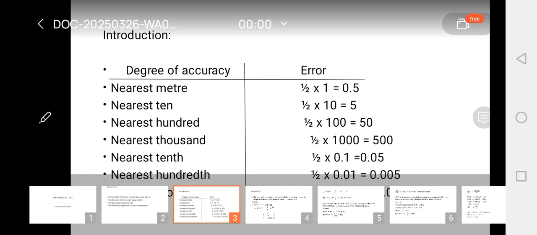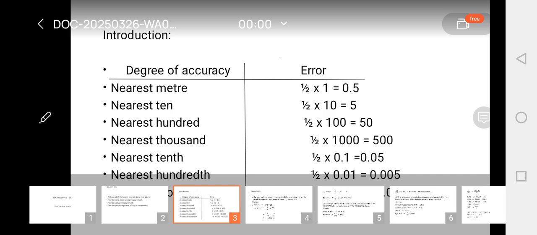When you measure anything to the nearest 10, there's possibility of 5. Nearest 100 has an error of 50. Nearest 1000 has an error of 500. And the nearest tenth has an error of 0.05.